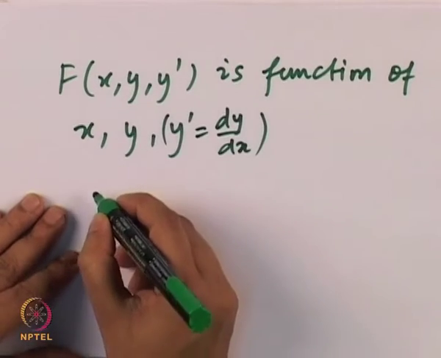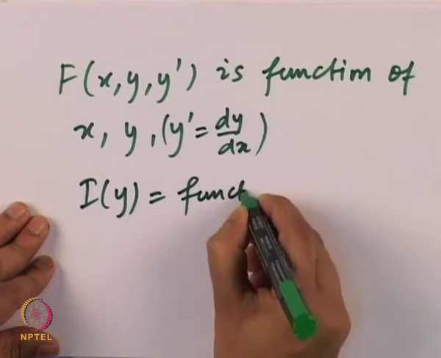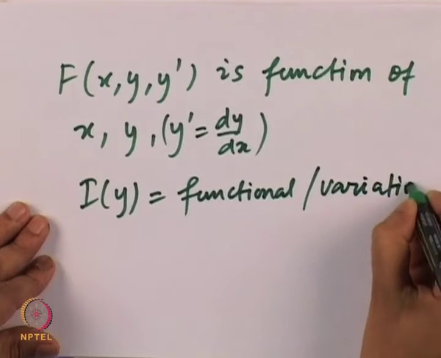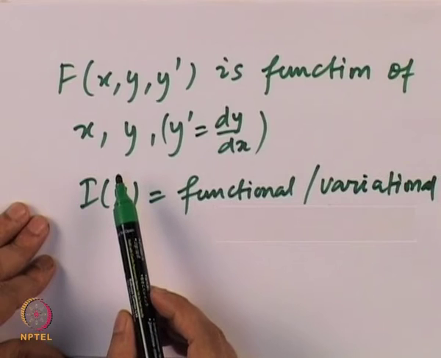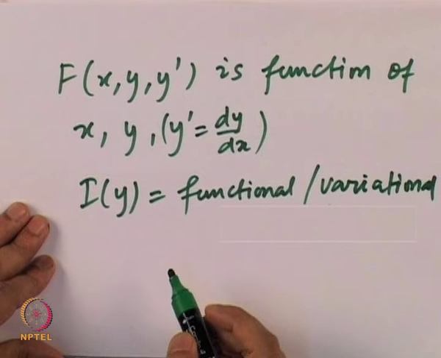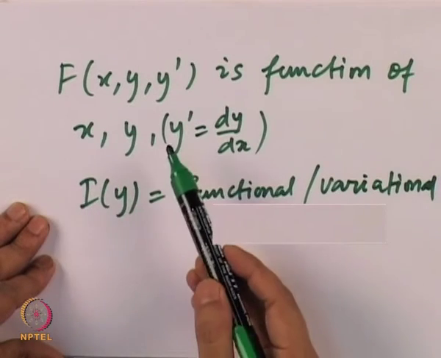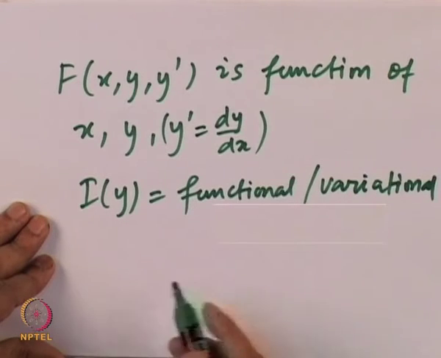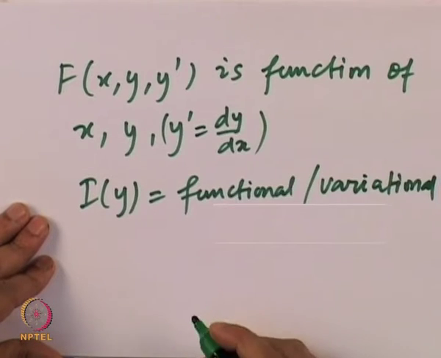So I of y is the functional, or the variational principle. We say that the problem here is finding an extremizing function. So the function is y of x, and it is going to have an extreme value, whether it is highest or minimum depends on the physical problem itself. In most of the applications in electromagnetics we are talking about a minimum, but it could also be a maximum.